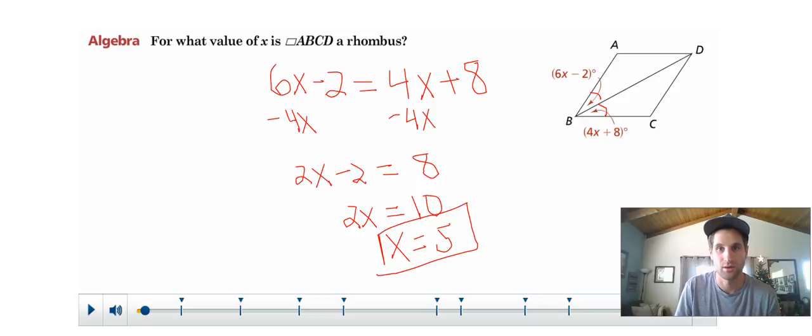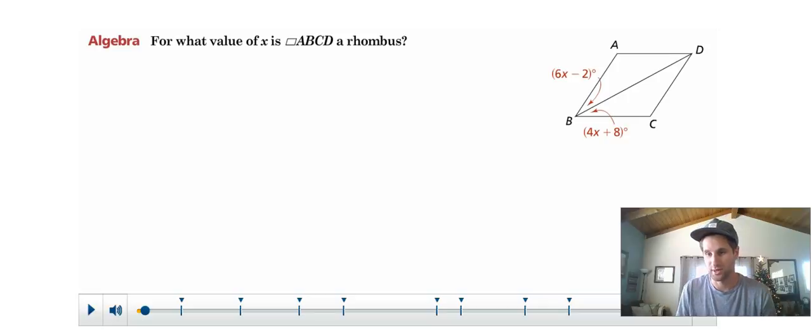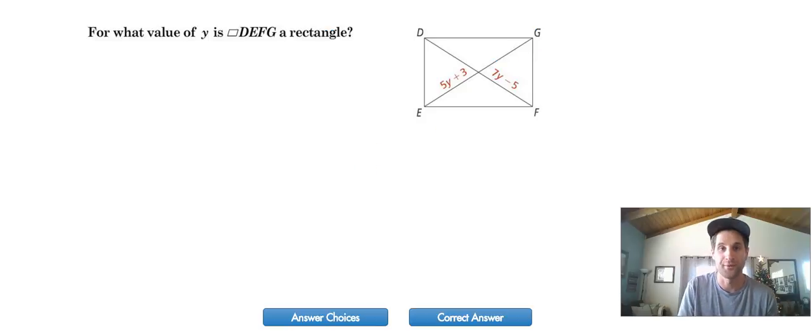Okie dokie, last question. I know this is a very quick video, because we've already talked about a lot of this stuff. We're just doing the converse of it, which makes it nice. What value of y would make DEFG a rectangle? Well, we know that this whole diagonal has to be equal to this whole diagonal. If that were true, then we would have a rectangle.